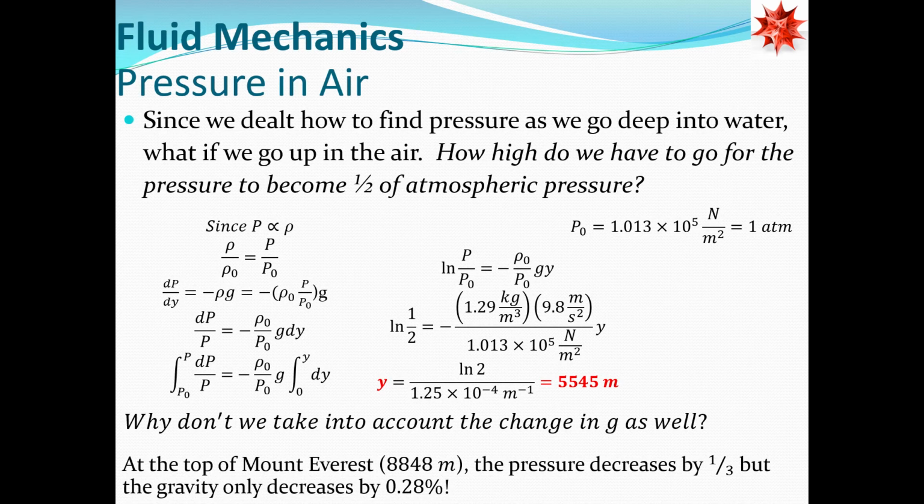For example, going to the top of Mount Everest, which is about double the height that we were talking about here, the pressure decreases by 1/3, but gravity is only decreased by 0.28%. That's barely noticeable. In fact, most labs, when you're finding gravity, have an error that's significantly higher than 0.28%. So you would barely notice that.